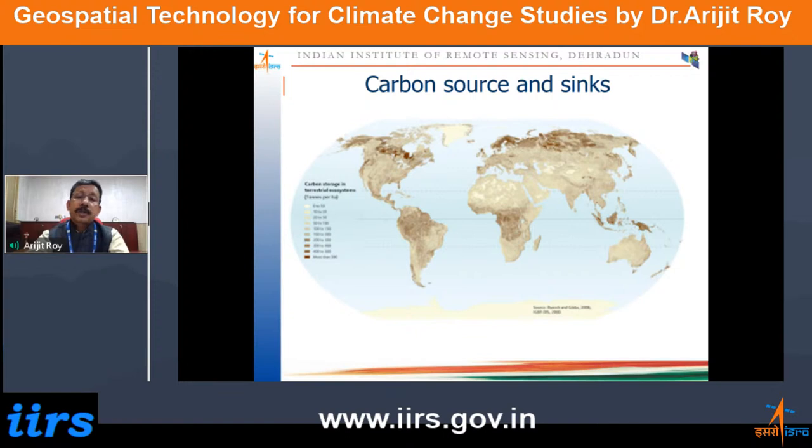And we have the tropical region, which is basically the sink because of the dense tropical forests in this region. So this provides us critical information about the role of the various natural ecosystems which act as a carbon sink, and where these areas can be conserved so that the modulation of the atmospheric carbon can be sustained.